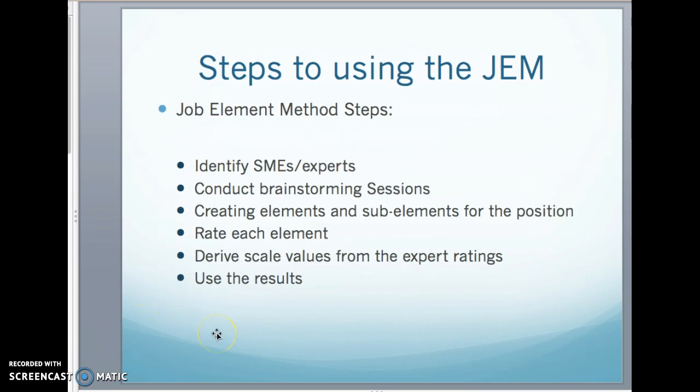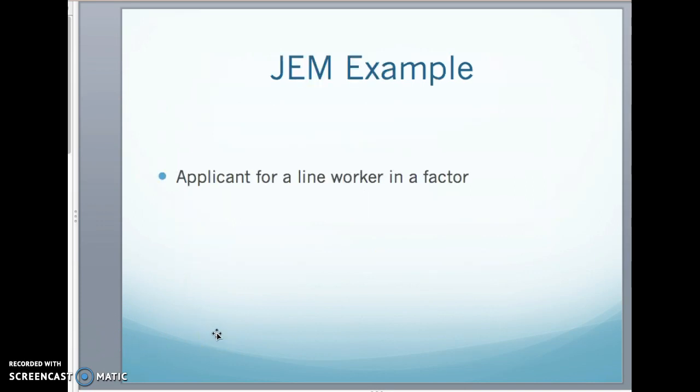An example of when I would use the job element method of analysis is when you have an applicant for a line worker in a factory. The reason this would be helpful is because a line worker in a factory is a specific worker-oriented position.